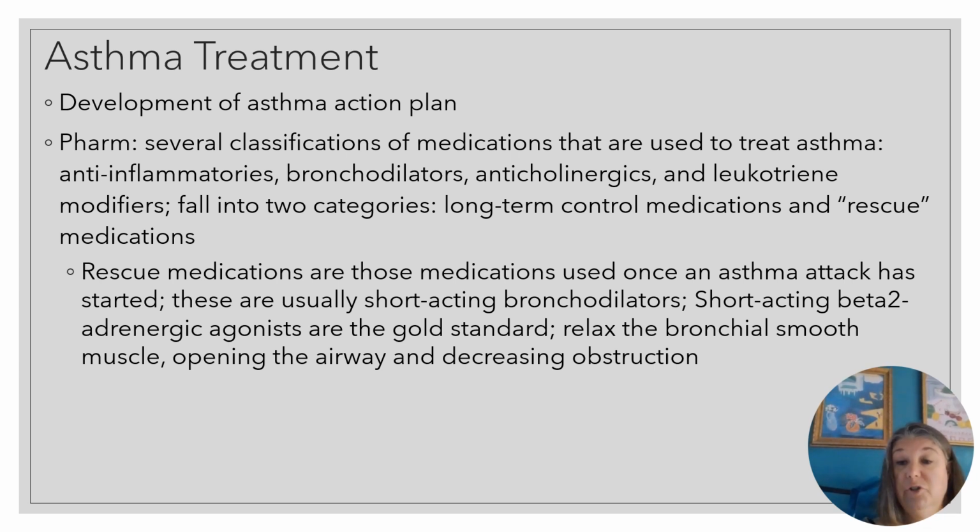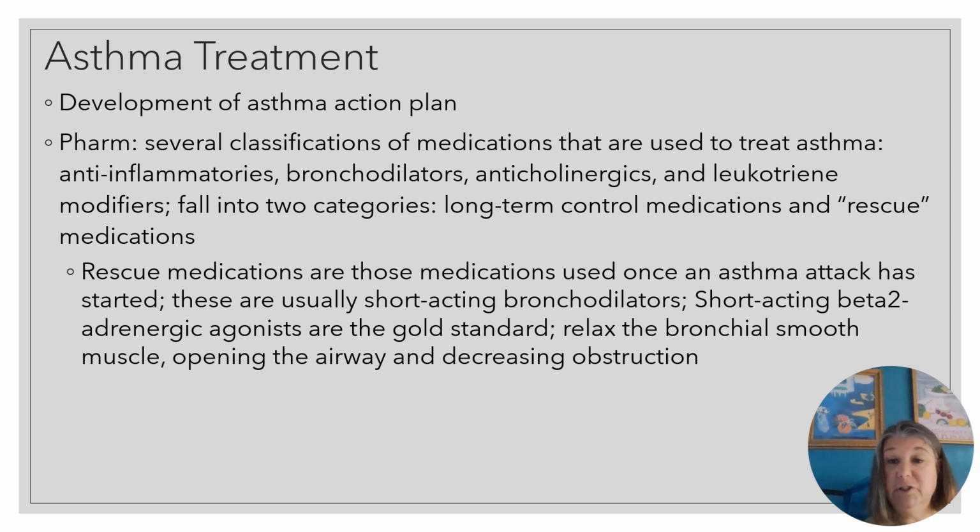Asthma treatment. So we're going to develop an asthma action plan for our person. Everybody has different triggers, and therefore everybody's going to need different types of treatment, right? It's kind of like pain. Pain is dependent on the person.